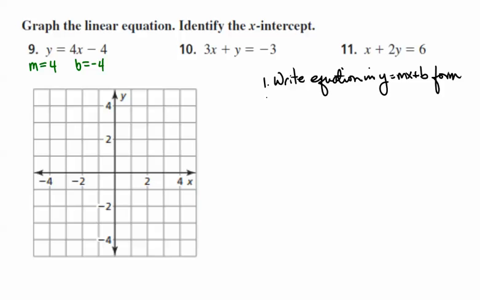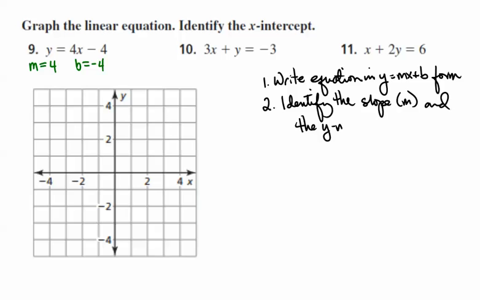Second, we want to identify the slope m and the y-intercept b. Third, we're going to plot the y-intercept.